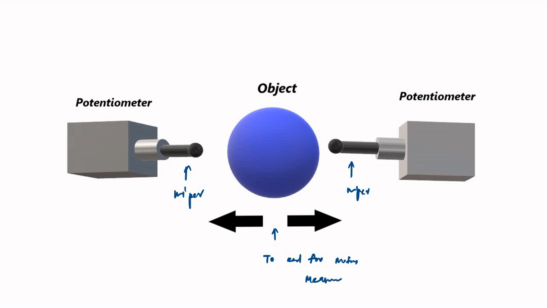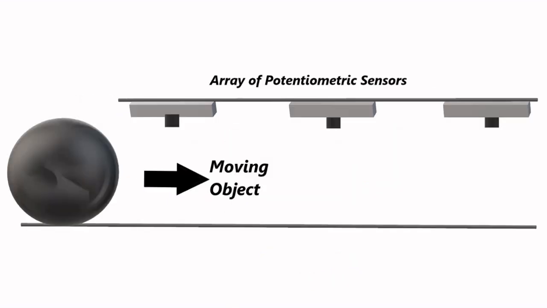Then another arrangement is continuous position tracking and also measuring the total displacement the object has undergone. Here we place a series of potentiometric sensors at fixed separation gaps. Let's say the object is along the positive x axis. Here x is equal to 0 meters, here x is equal to 2 meters, here x is equal to 4 meters.